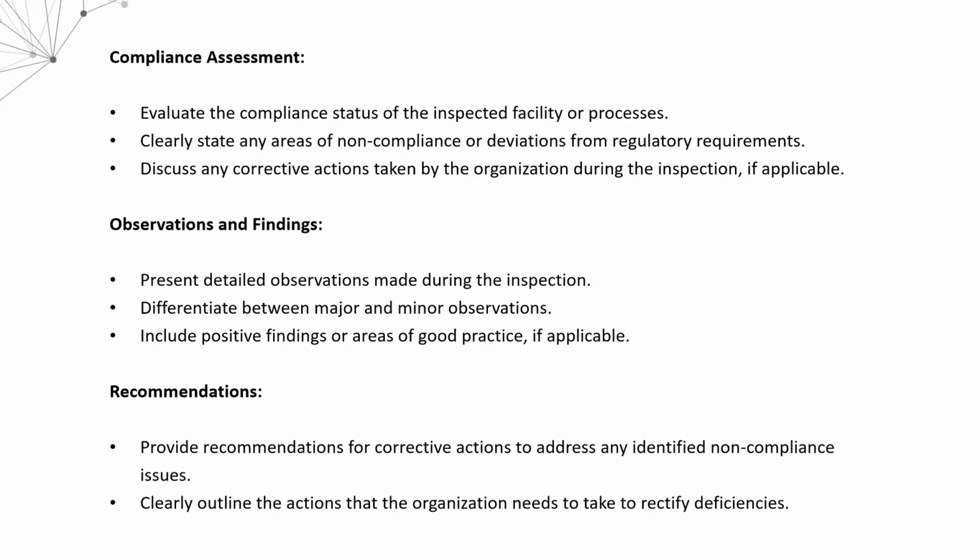Normally any observations or findings that happen during this audit will be categorized as either major or minor. For major, immediate corrective actions or preventive actions should be taken. For minor, you can correct those mistakes because it may not be impacting your process.